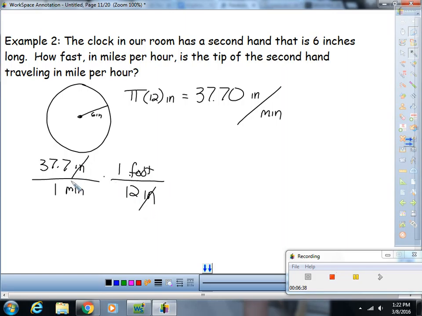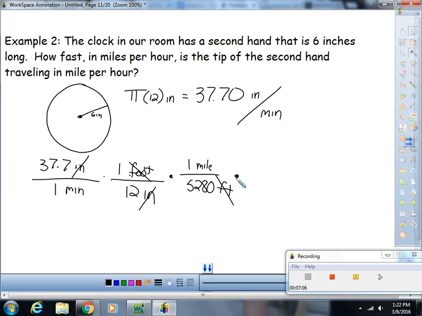So that's still a single unit. 1 foot divided by 12 inches still equals 1. Well, I want miles. So I know that in 1 mile, there are 5,280 feet. That also equals 1, so I can cancel those. Now we're in miles per minute, but I want miles per hour.